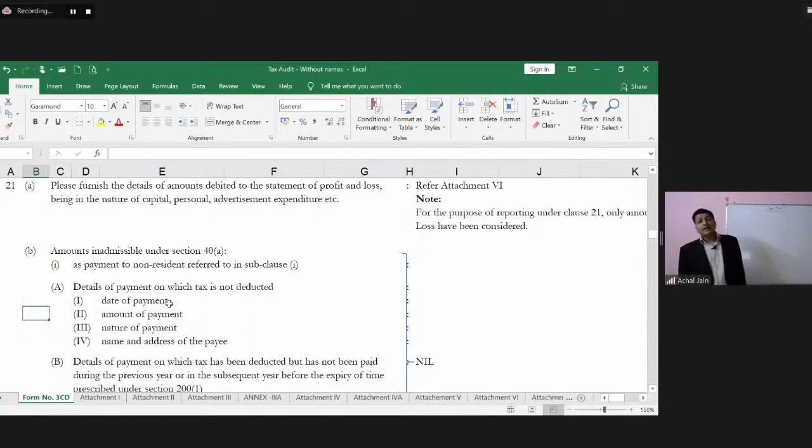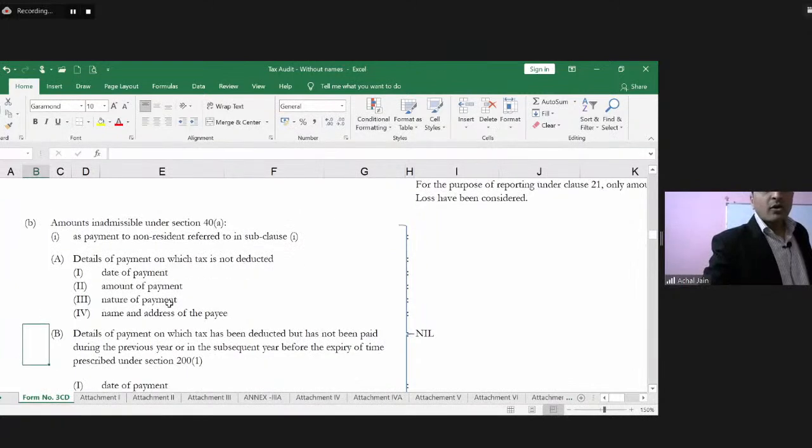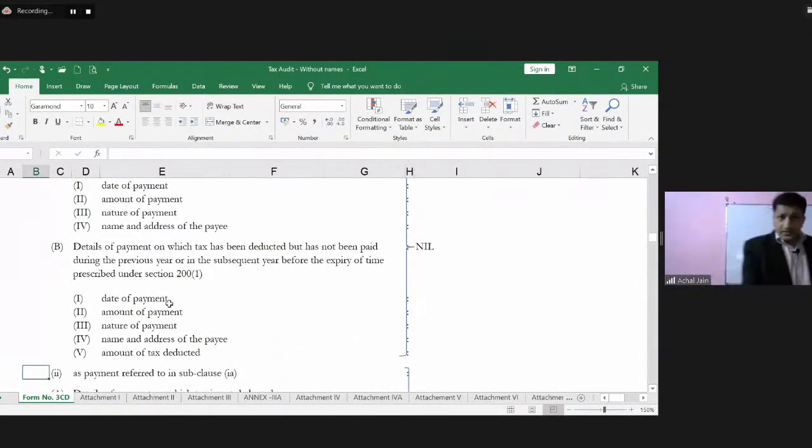It means if the payments are made to a non-resident and the tax is not deducted on such payments, then the date of payment, amount of payment, nature of payment, name and address of the payee. Next, details of payment on which tax has been deducted but has not been paid during the previous year or the subsequent year before the expiry of the prescribed time limit as per the Income Tax Act. There again, date of payment, amount of payment, nature of payment, name and address of the payee.